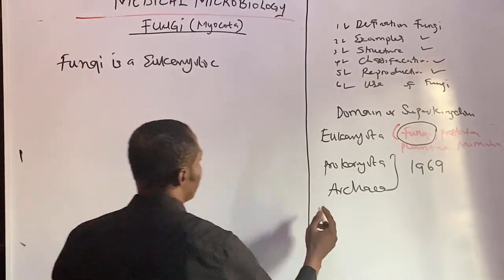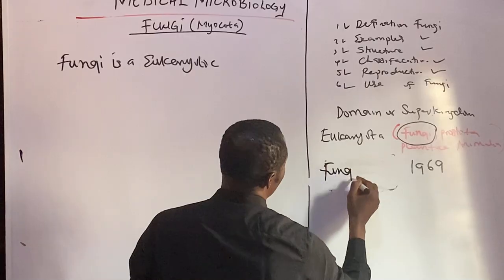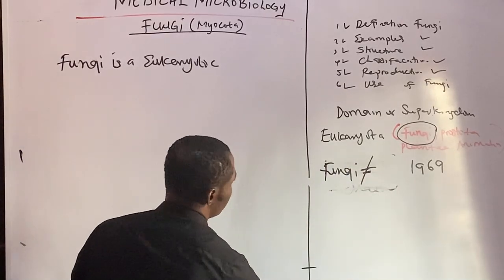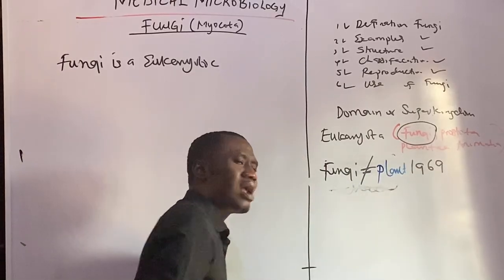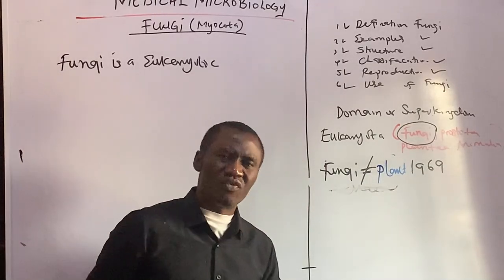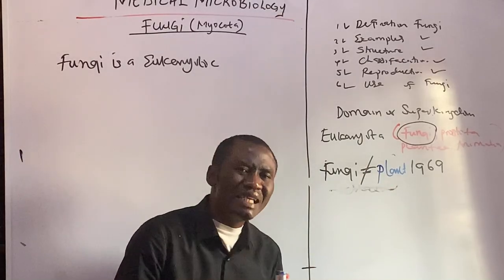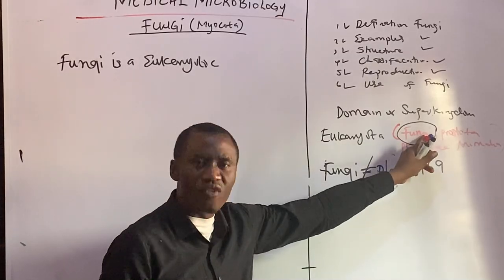So fungi is not the same thing as plant. Fungi is not plant, plant is not fungi. After 1969, fungi was given a separate kingdom, which is known as the kingdom fungi.